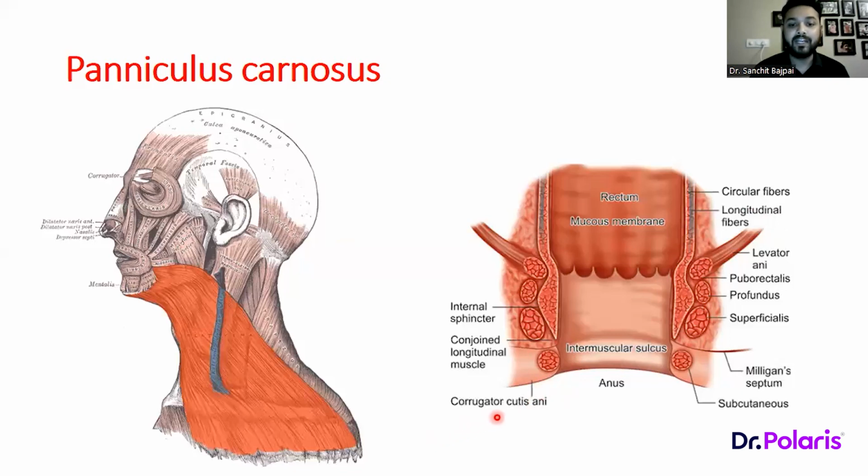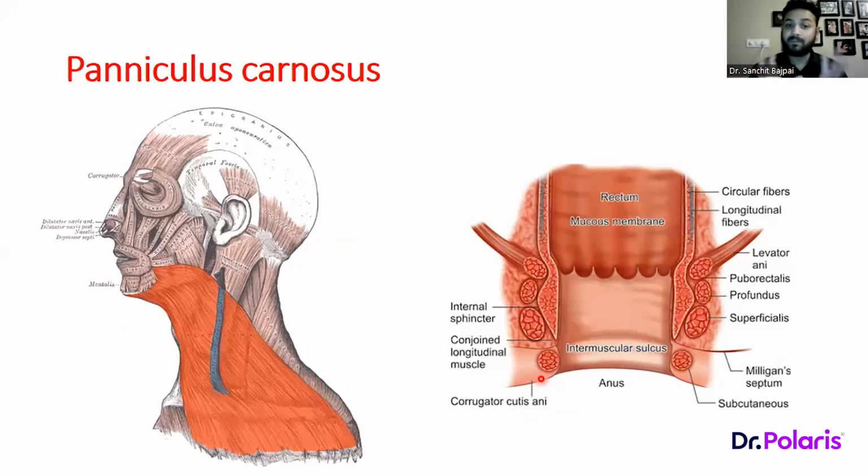Now, cutis means cutaneous, just next to the skin. As I told you, it has to be underneath the skin, so that is why it is cutis. Ani means anal canal. So corrugator cutis ani is a muscle present just at the anal opening. That is also a type of muscle present in the superficial fascia.